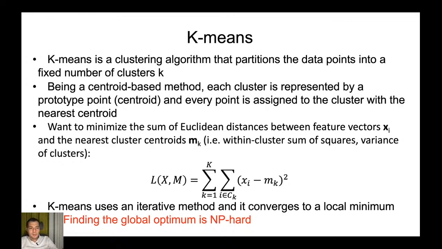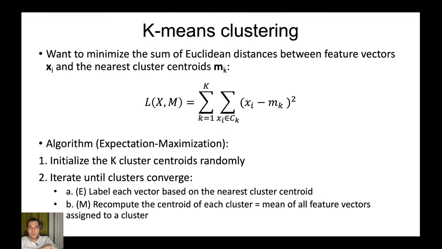So if you start with a different initialization, you will obtain in the end a different solution. So finding the global optimum is NP hard, so it's not a tractable problem. And there are ways to improve the initialization to obtain better results.